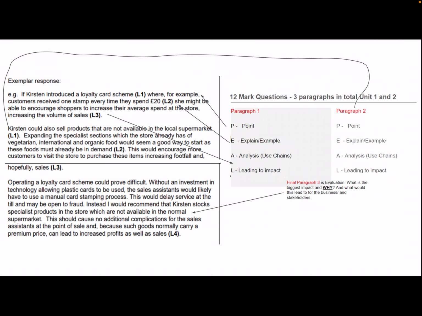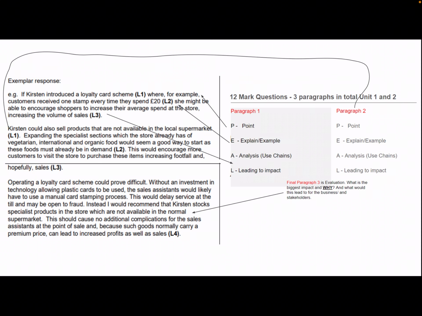So that is our point. We then go on to explain that, so expanding the specialist sections which the store already has of vegetarian, international and organic food would seem a good way to start, as these foods must already be in demand. As I said, she's already stocking them, therefore people are already buying them.